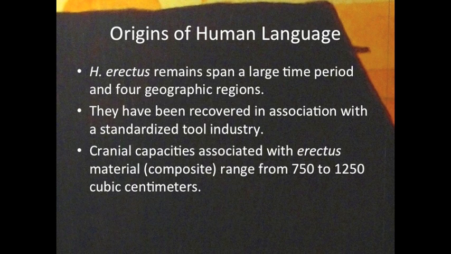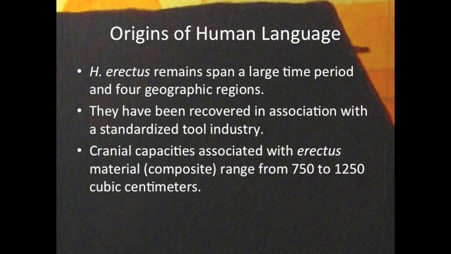Cranial capacities in this case, and this really represents a composite of gender and biodiversity across the entire species, range between 750 and 1250 cc's or cubic centimeters. This is rather low, but it does overlap with the overall expression that we associate with anatomically modern humans.